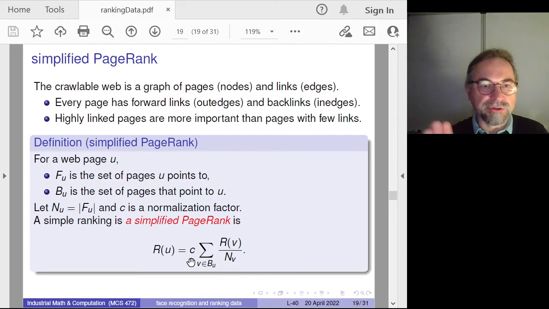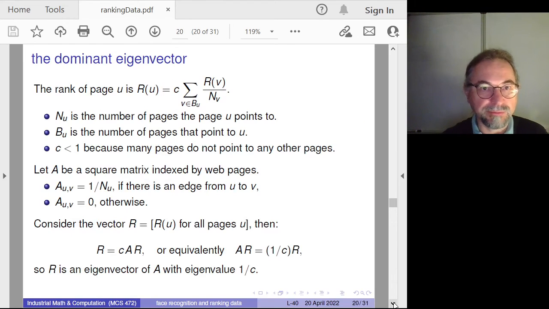And there is also another scaling, another normalization factor. Okay, so that's a definition which makes quite some sense to us. It's simplified, it's not really an accurate model, but it will do to get at the eigenvalue, eigenvector problem. Look at this problem now.